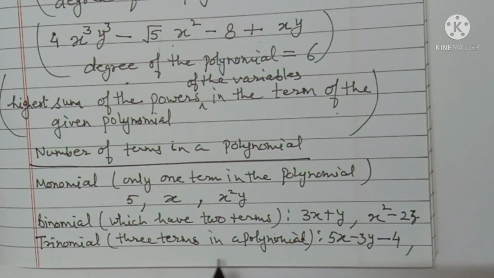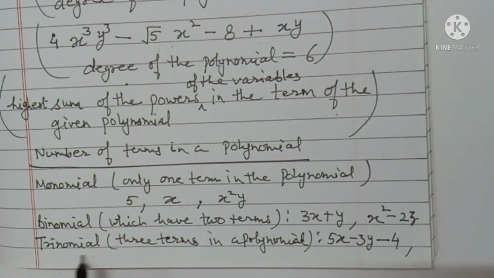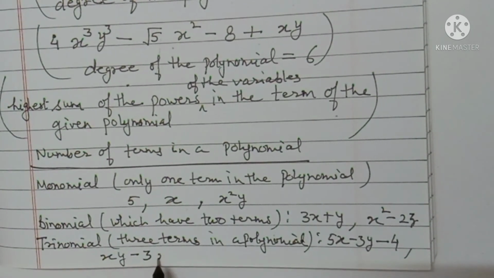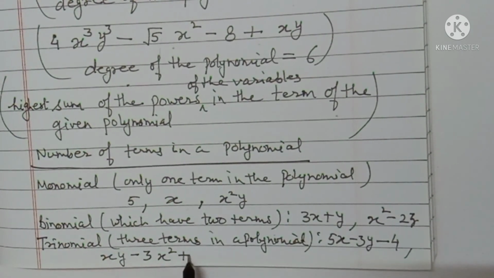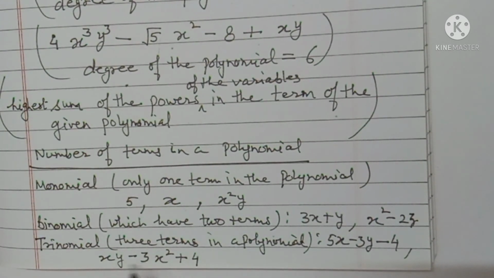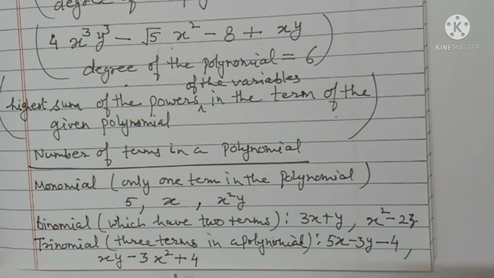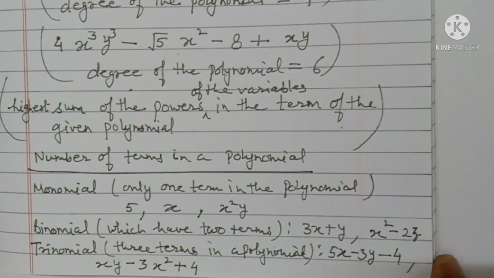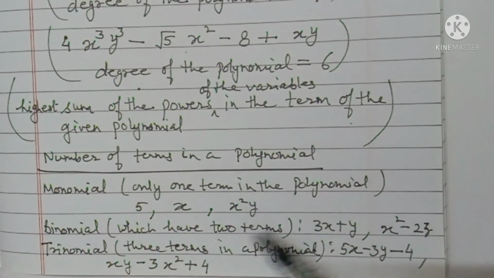One more example, suppose xy minus 3x square plus 4. 1, 2, 3, three terms. So this is called a trinomial. So students, these are more about polynomials.